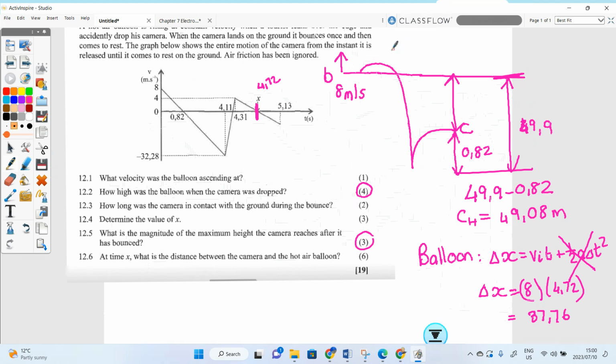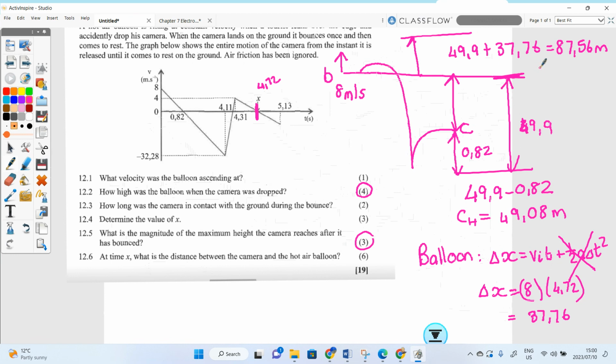But it started here. So it moved up. It's now there. It's the 49.9 plus, so it's 87. Plus 37.76. That's where it is now. 87.56. 49 plus 37 is 87.